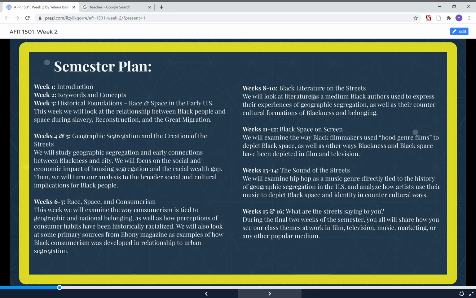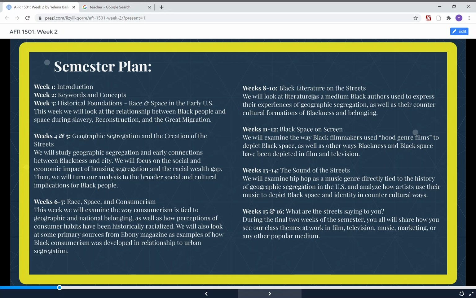So literature is a medium through which a lot of Black authors talked about their experiences of housing segregation and urban life, and really tried to redefine community and what it means to live in those spaces. So we'll spend some time on that.